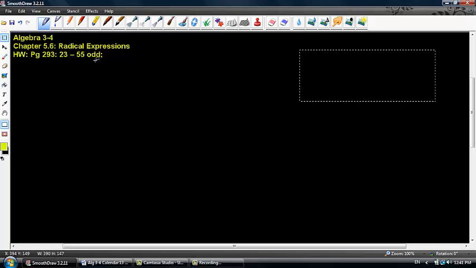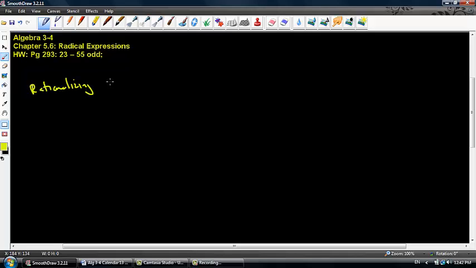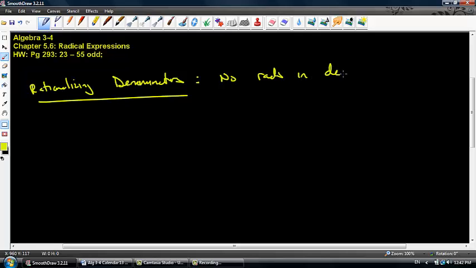To rationalize a denominator means to make sure that you don't have certain things inside the denominator of a number. One of the things that you cannot have in the denominator, at least at this level, is a radical sign. So no rads in the denominator.